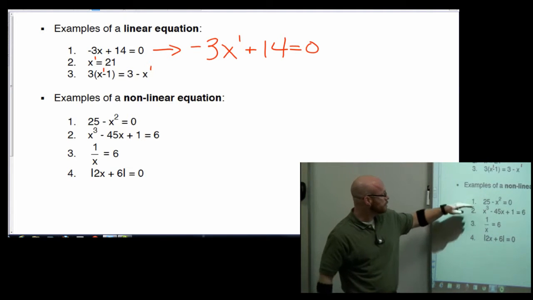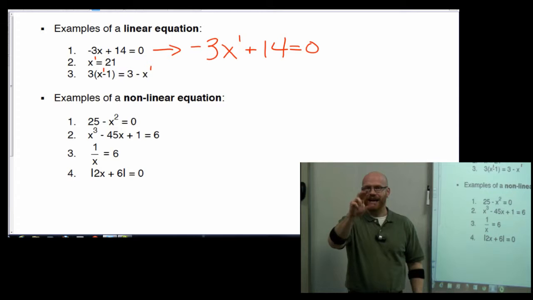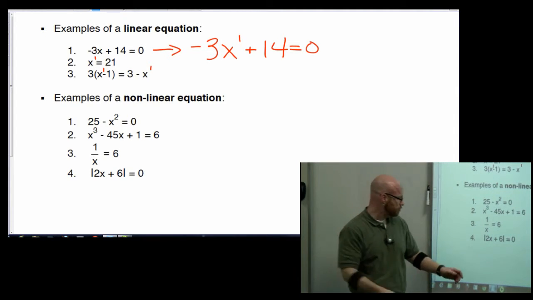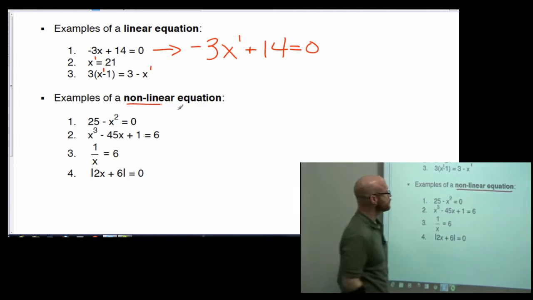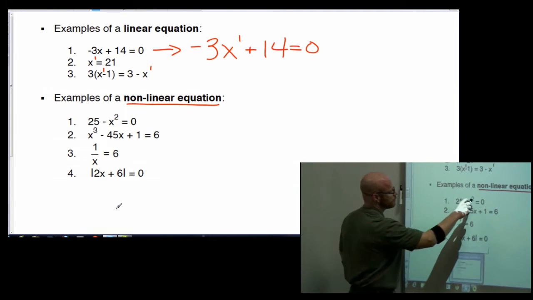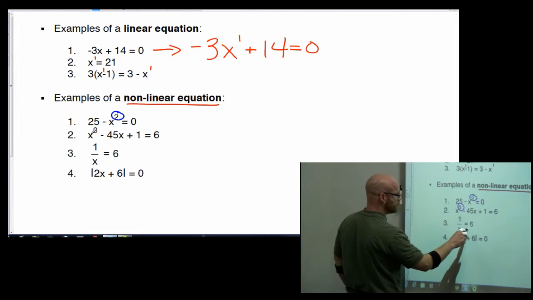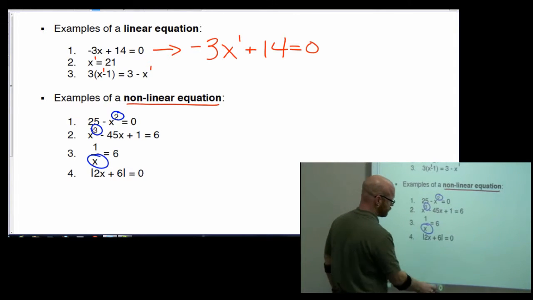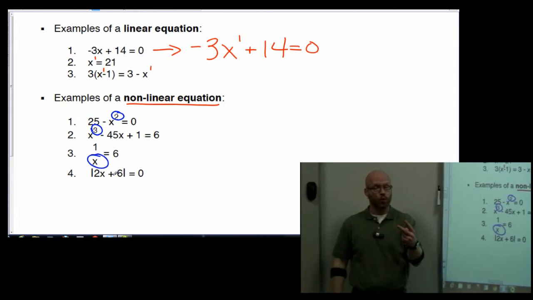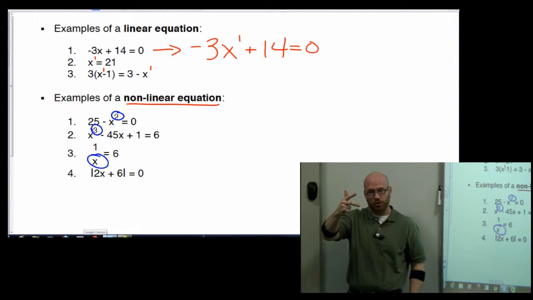Other examples, nonlinear. Number 1 and 2, obviously you can see it is squared and cubed.